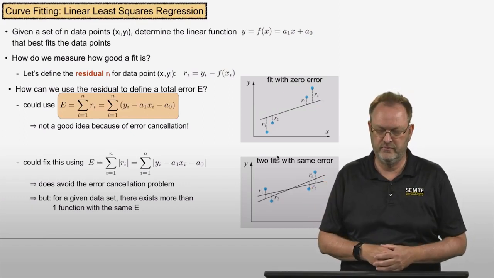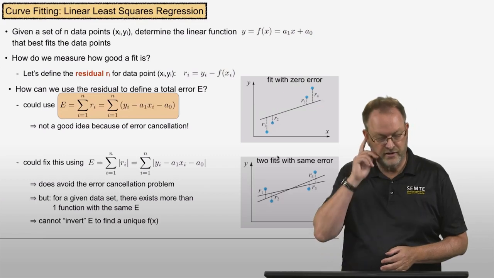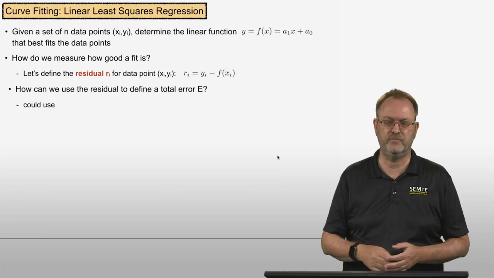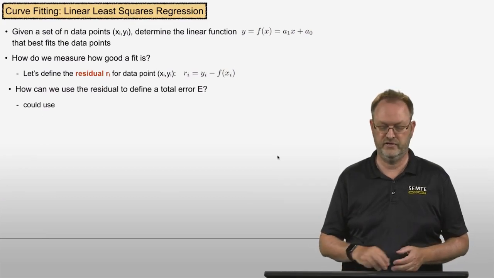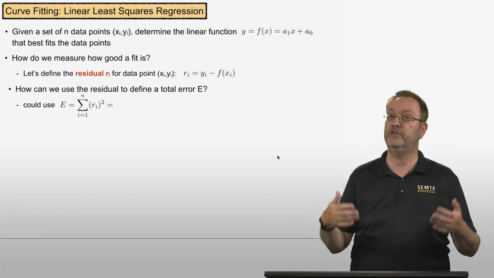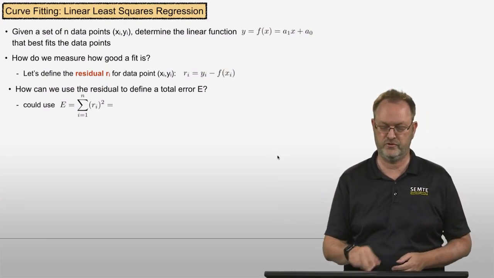So that doesn't really work either, but this idea of getting rid of the sign was necessary to avoid error cancellation. So how else can we get rid of the sign? Well, the other way we can get rid of the sign is by squaring the residual values. So let's define the error as the sum of the squares of the residuals.